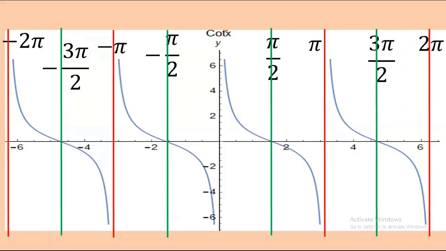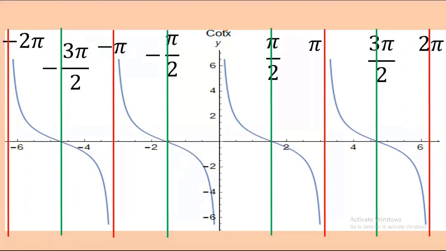The curve is discontinuous at x equal to 0, x equal to pi, x equal to 2 pi, x equal to minus pi, x equal to minus 2 pi, and so on. So at these points, the graph is discontinuous.